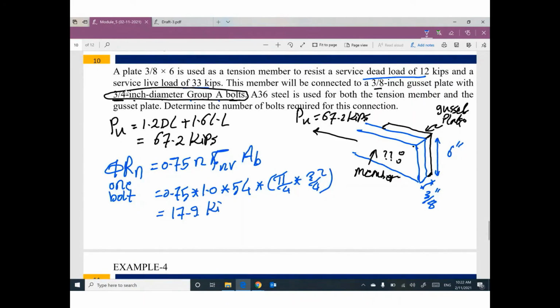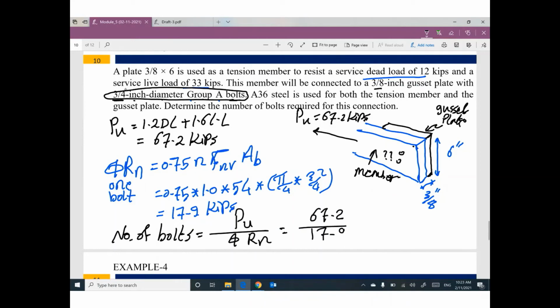So guys, how many bolts do you need in this connection? Number of bolts, very easy. Just divide the ultimate, or factored, tension force by the design strength of one bolt, and I can give you the required number. So 67.2 divided by 17.9, the required number will be 3.75 bolts.